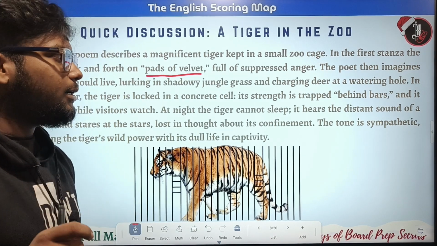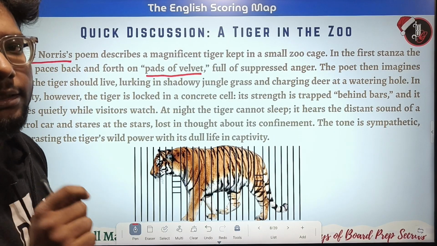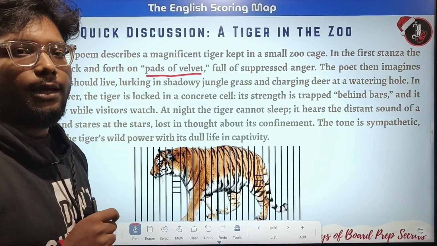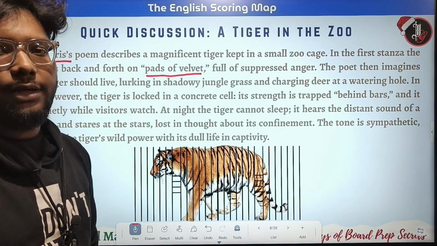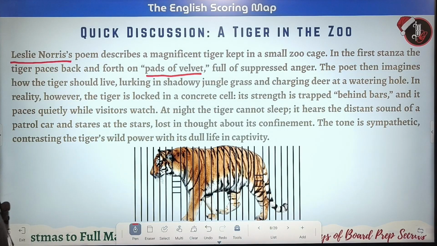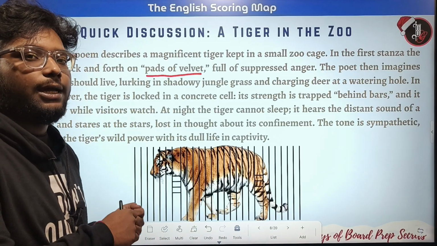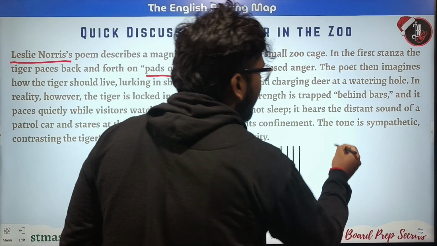A tiger is meant to run behind a deer, behind its prey. It's not meant to be caged and fed every day. Its reality, however, is that the tiger is locked in a concrete cell. Its strength is trapped.